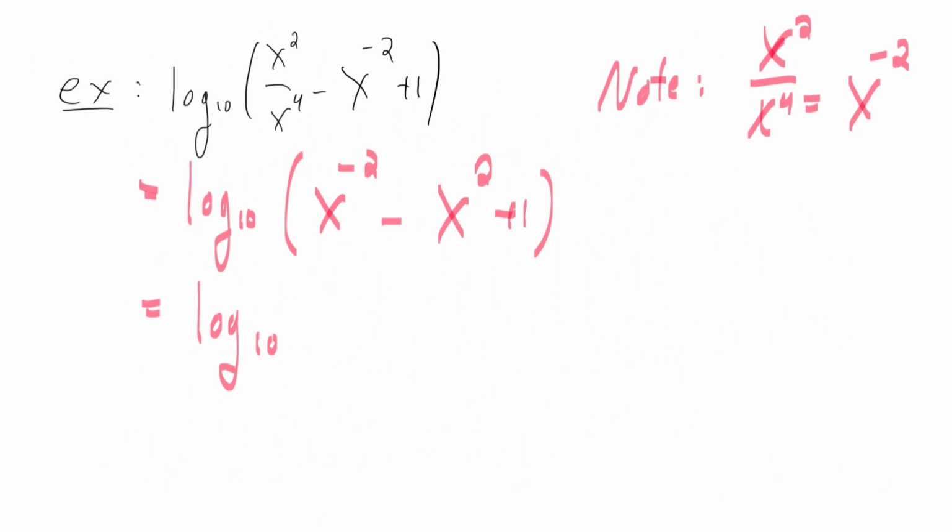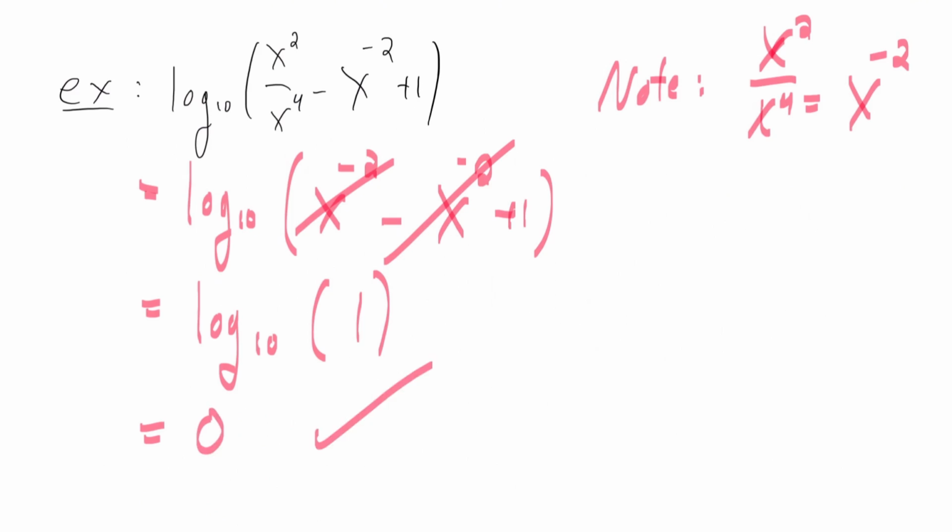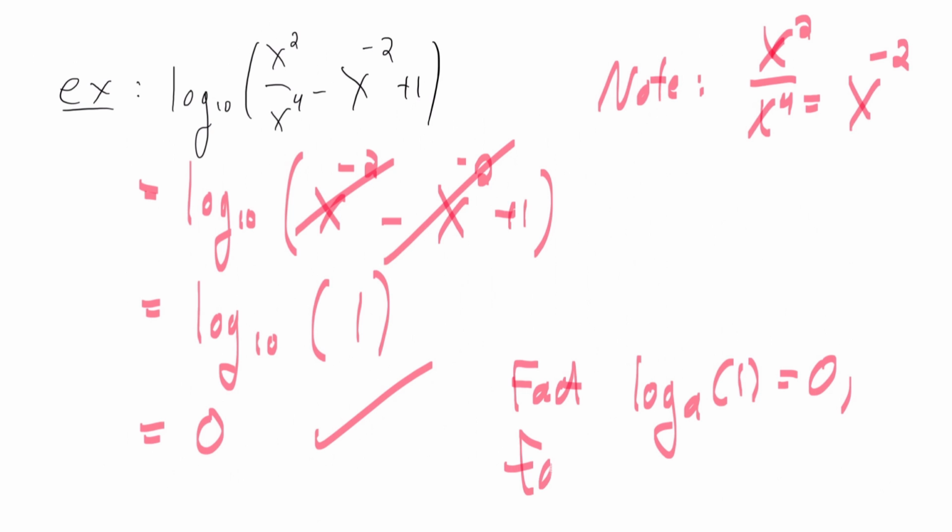And things are going to clean up brilliantly for me. x to the minus 2 cancels with this x to the minus 2, so I get just 1 on the inside. And what is log base 10 of 1? Well, what is log base a of 1 for any choice of a? 0. So I just get 0. Okay, so I think this one cleans up rather nicely as well. And of course, at the end, we did have to use the fact that log base a of 1 equals 0 for every base a.